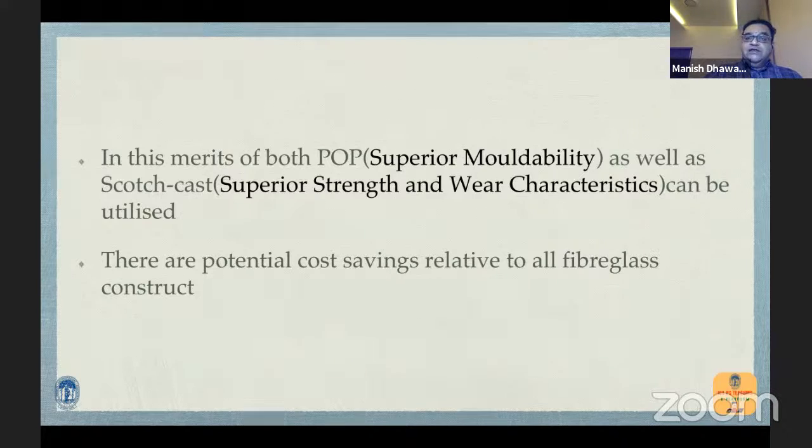You can mold the fracture very nicely with POP, and then you can give strength to the cast by the synthetic cast. And in our countries, it can be a cost-saving venture, because fiberglass casts are very expensive in India. So a hybrid situation can save a lot.